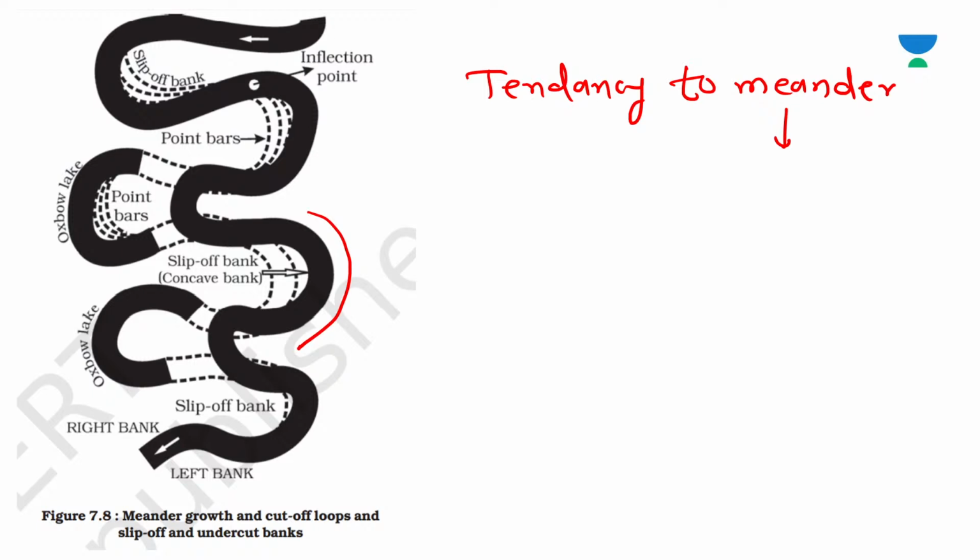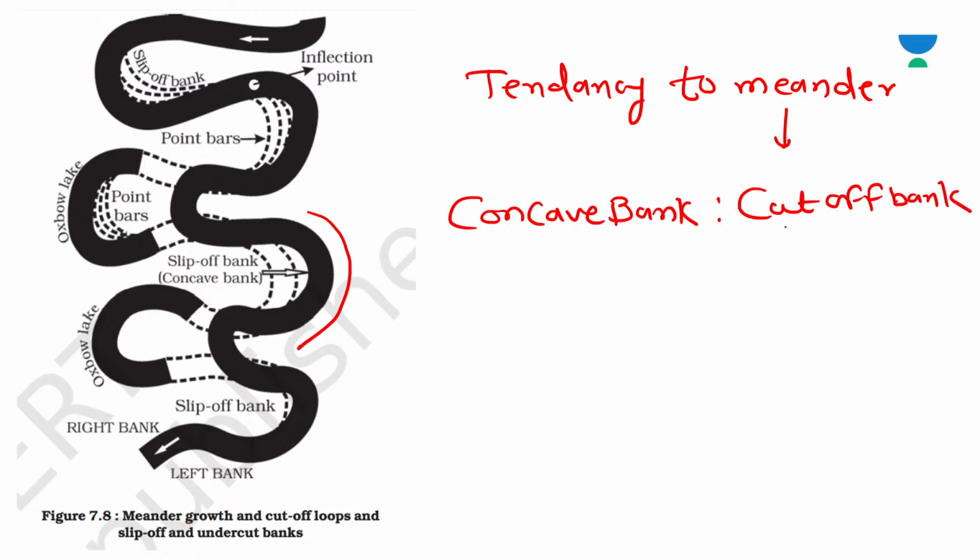So the concave bank is known as the cutoff bank, which shows up a steep sharp scarp, and the convex bank presents a long gentle profile.